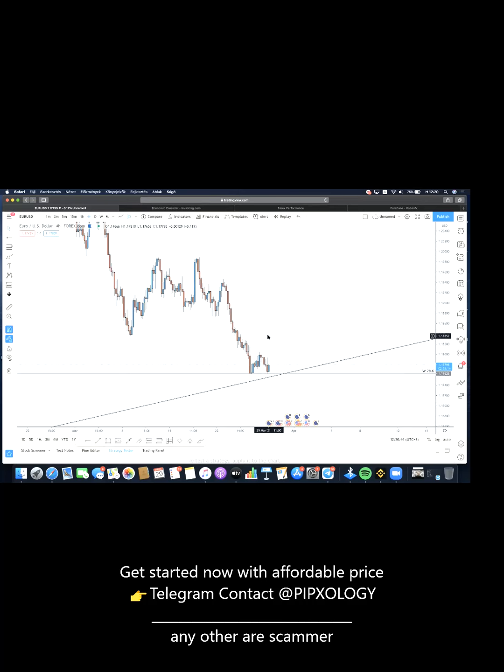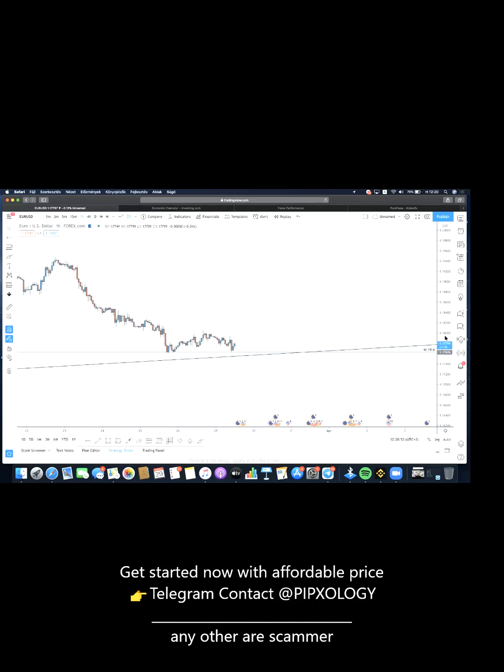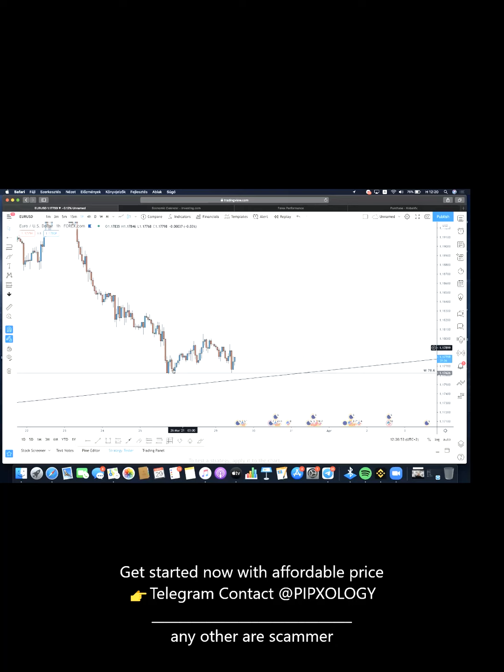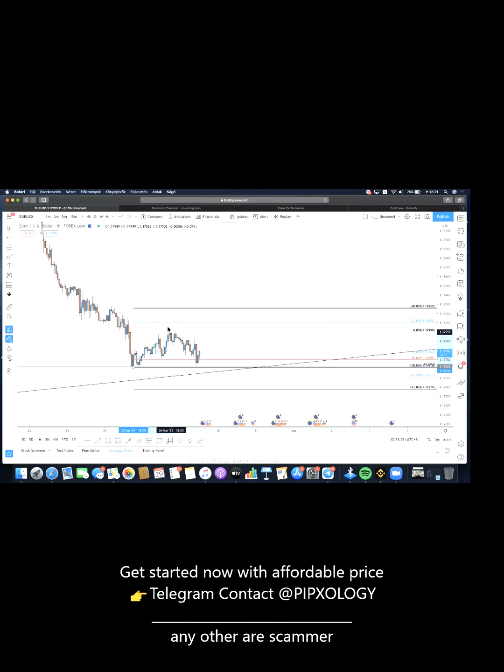If you check the lower time frame, on the 1 hour it looks like it's also consolidating. So it's getting ready for the big move. And I think it's also possible to continue to the downside a little bit more.